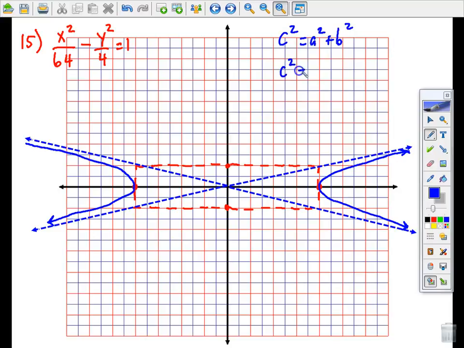Using the Pythagorean Theorem, a squared is 64, b squared is 4, c squared is 68, and let's get our calculator and get the decimal equivalent rounded to the nearest tenth of the square root of 68, and that is 8.2.